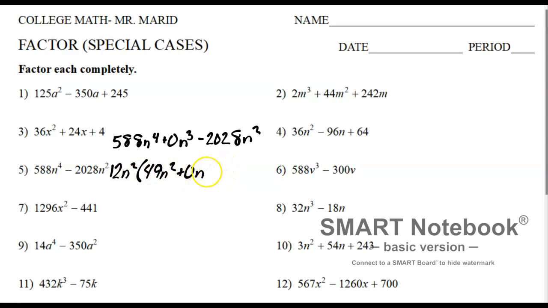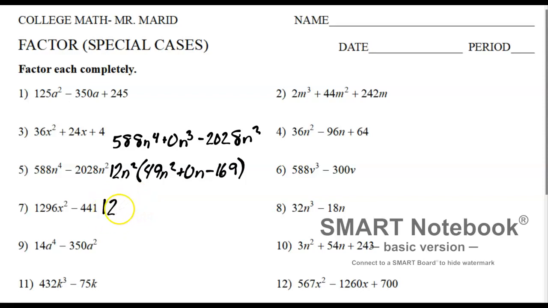And then here on the back side, what do I have? Minus 169. Again, I took out an n squared from everybody. So here we go.